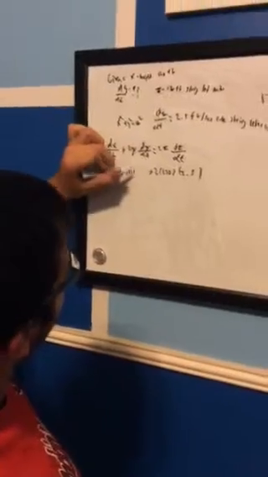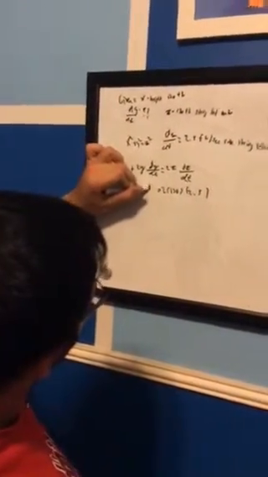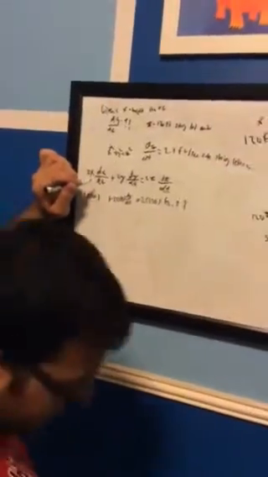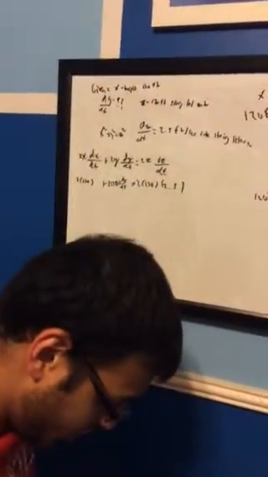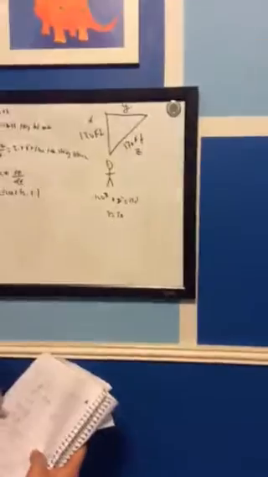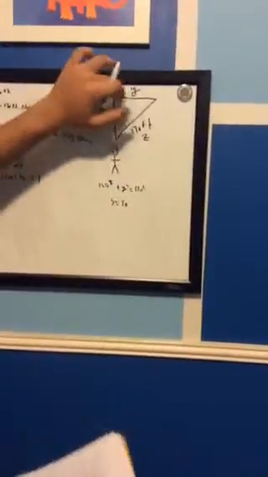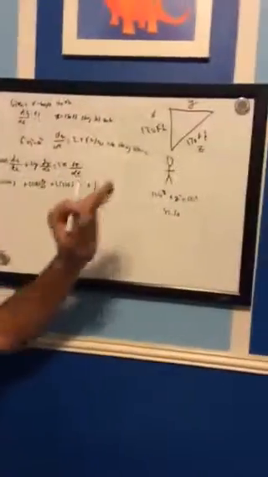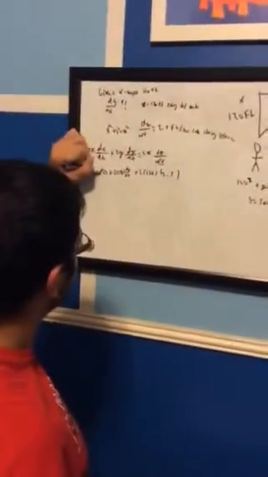2 times 50 dy/dt. You might be wondering, what is dx/dt? Well, since the kite is moving at a rate, since this part is not changing right here, it's constant at 120, right? So it's actually going to be 0 over here.